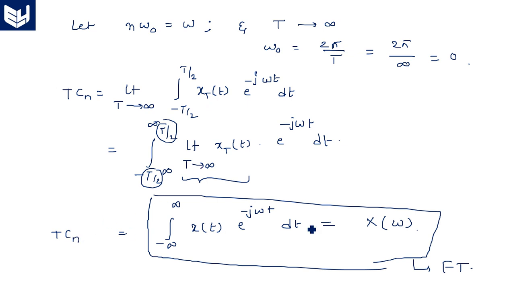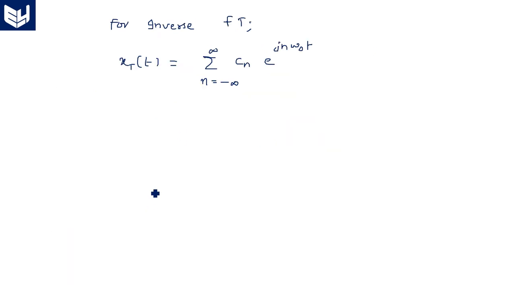Then what is c_n? Here T c_n is equal to X of omega. We have taken this expansion as X of omega. So from there, T c_n is equal to X of omega, and c_n is nothing but X of omega by T. But what is T?